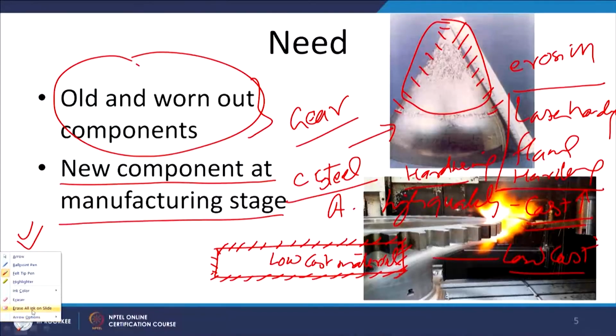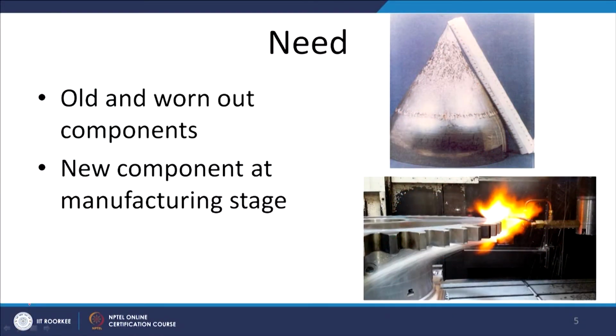So, this is an example of the surface engineering of the gear tooth surface by flame hardening. Here, this is the flame which is applied onto the gear tooth, and once it reaches the required temperature of 850 to 950 degree centigrade, it is subjected to water jet cooling.